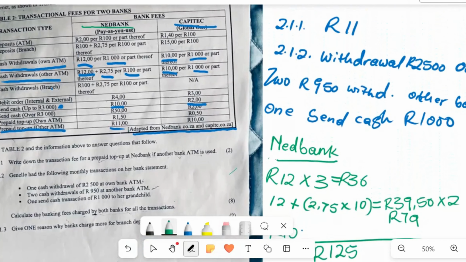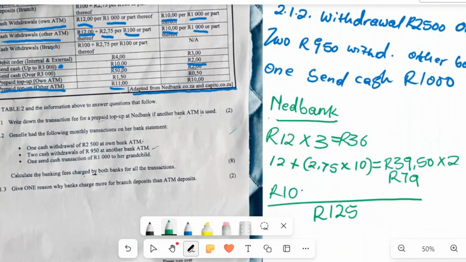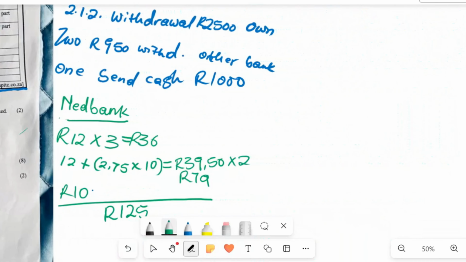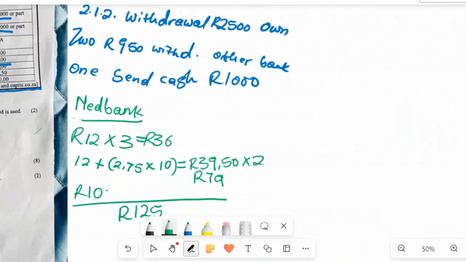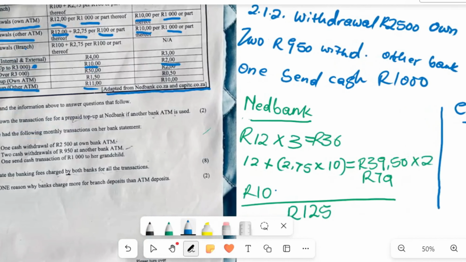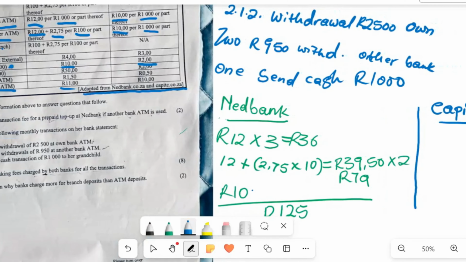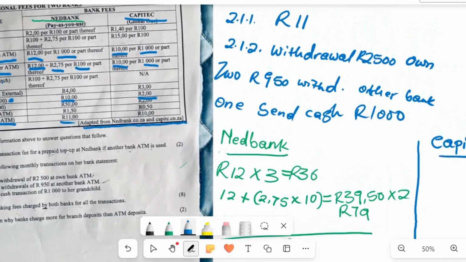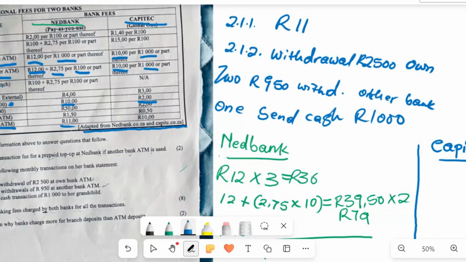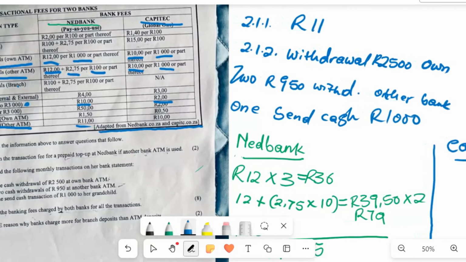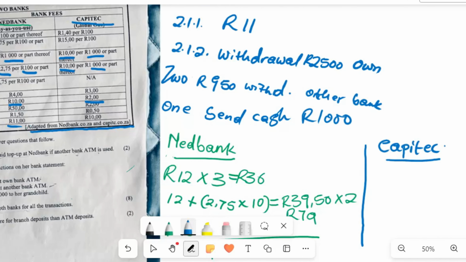the net bank side. Let us calculate the Capitec side. So for Capitec, withdrawal of 2,500 rands at her own bank, that would be 10 rands per 1,000 or part thereof.